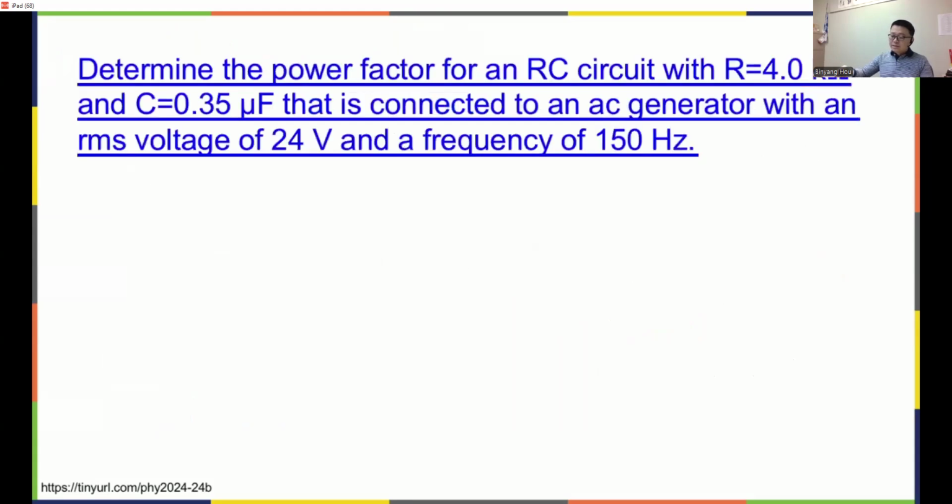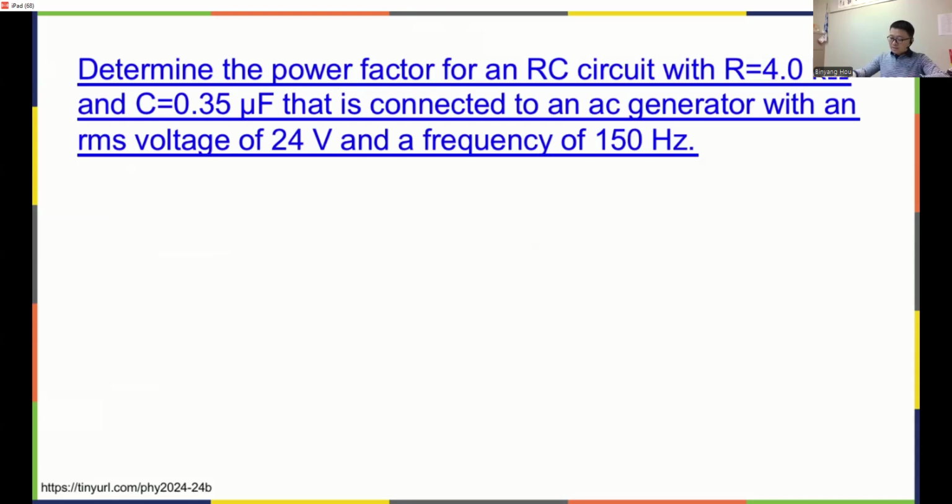All right, so let's take a look at the problem here. It says, determine the power factor for an RC circuit with R equal to 4.0 kilo ohms and C equal to 0.35 microfarad that is connected to an AC generator with an RMS voltage of 24 and a frequency of 150.